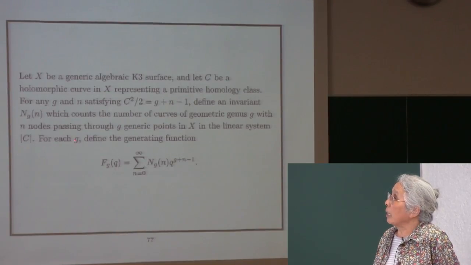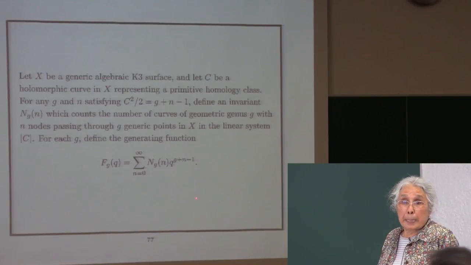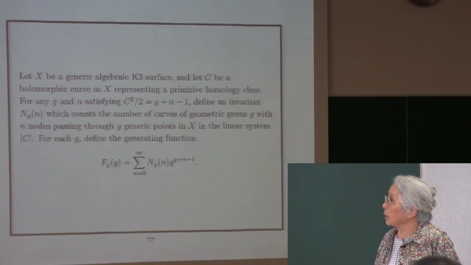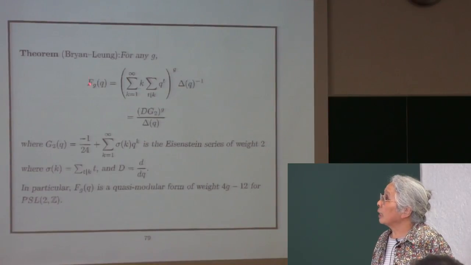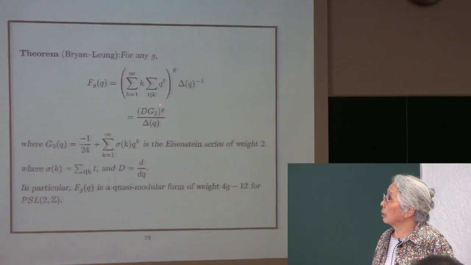Then you fix g and run n. So F_g(q) is, for fixed g, this generating function. The theorem of Bryan and Leung is that for fixed g, F_g(q) is given by the g-th power of DG2 divided by delta(q), where q is a formal parameter and delta(q) comes up again. Now G2(q) is the Eisenstein series of weight 2.